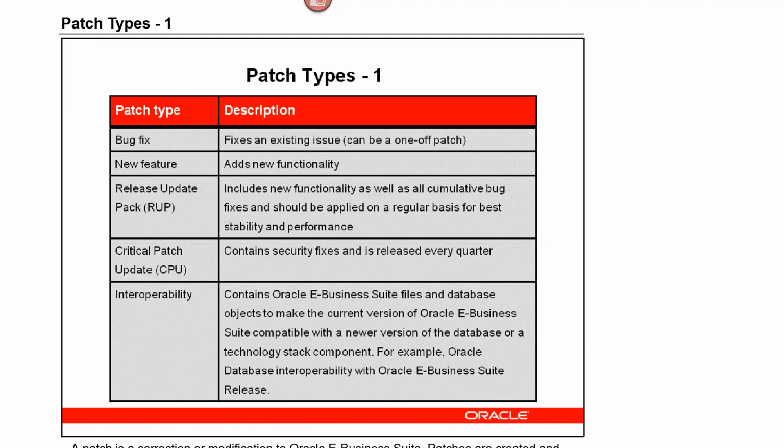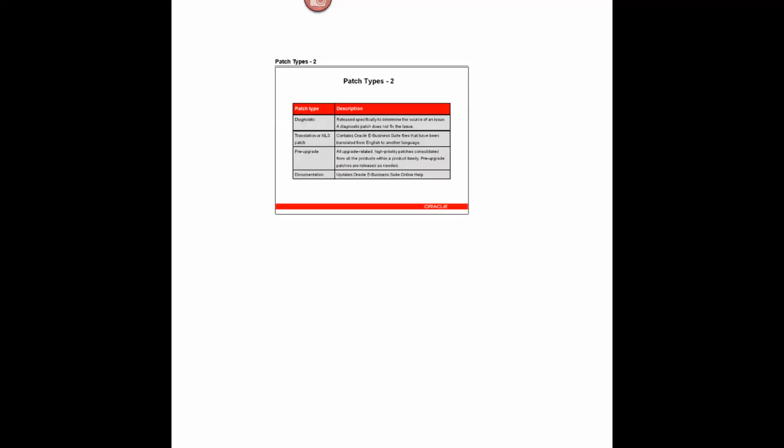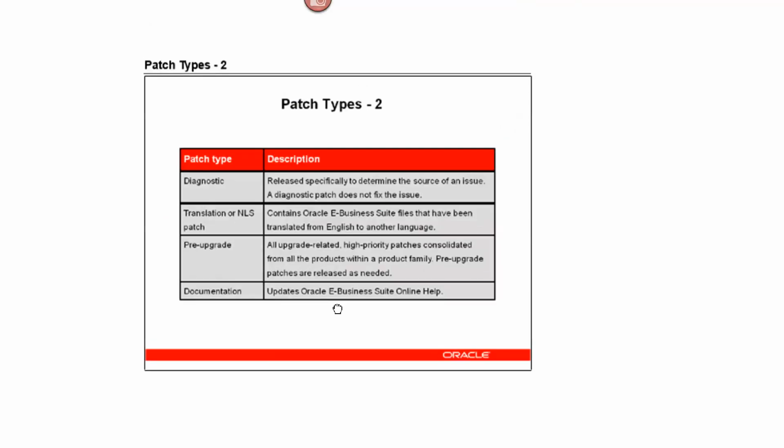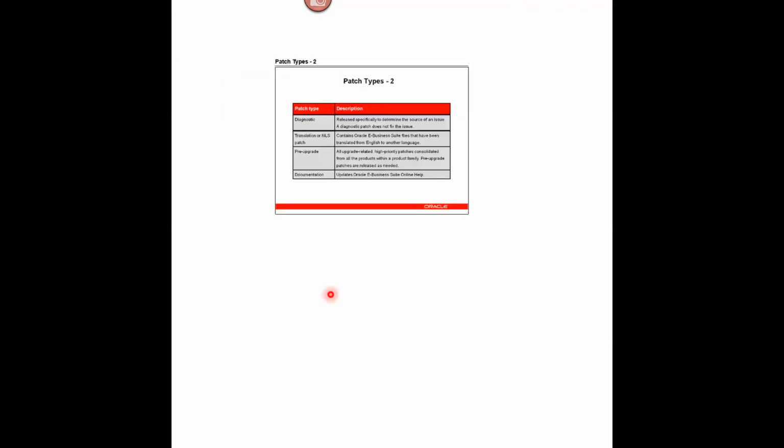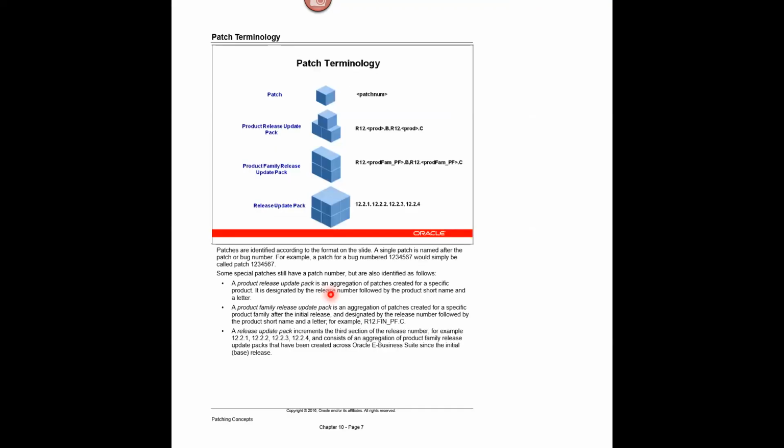So these are the 5 different types, and being an apps DBA, you cannot avoid these patches. There are still some more patches: diagnostic patches, translation patches, which are for adding a language, pre-upgrade patches, documentation patches. So this all comes under different types.